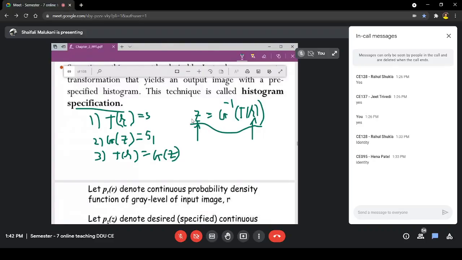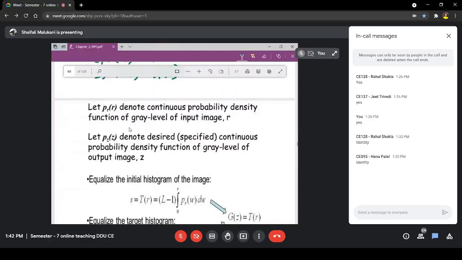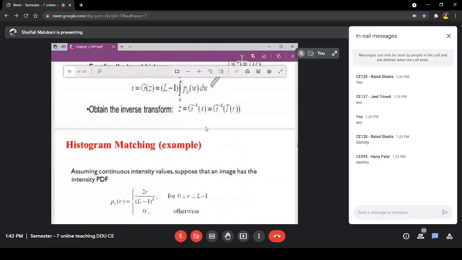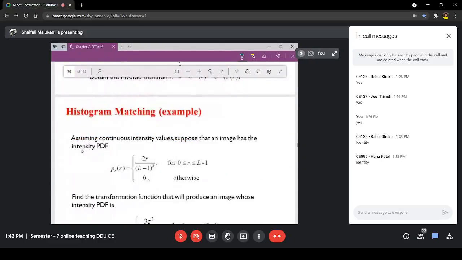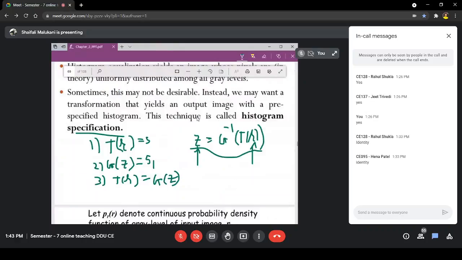Okay, so let us start with the examples. It will be even clearer. This is the same procedure that we have discussed. Now, the example is this: your input. Let us start with the continuous one. How to obtain T of R if R is a continuous one?